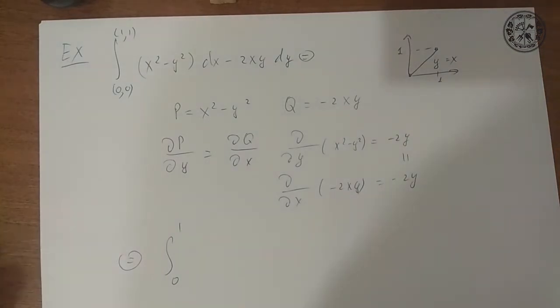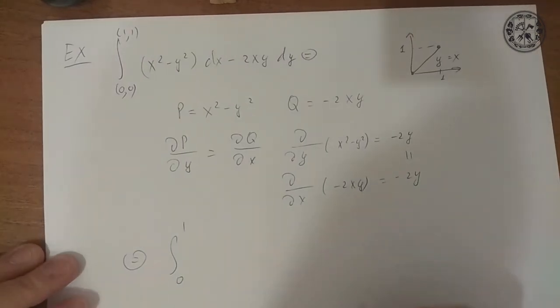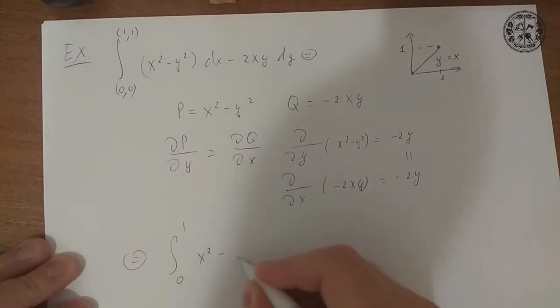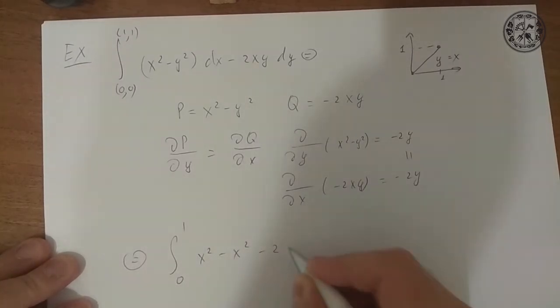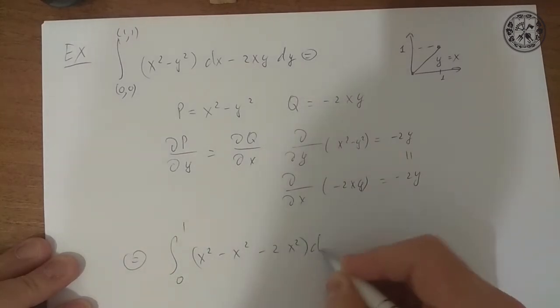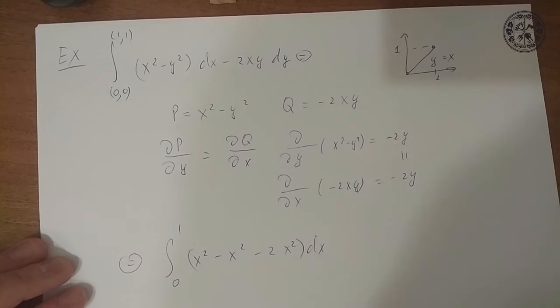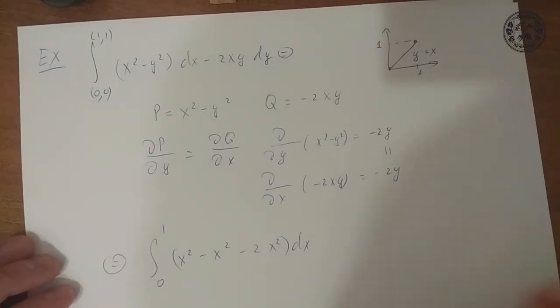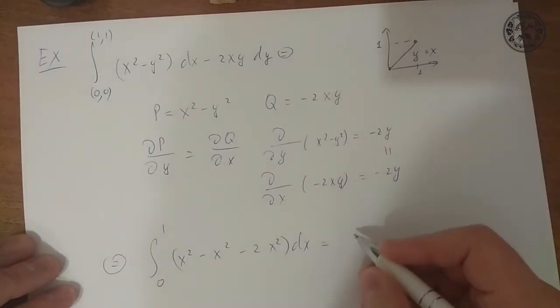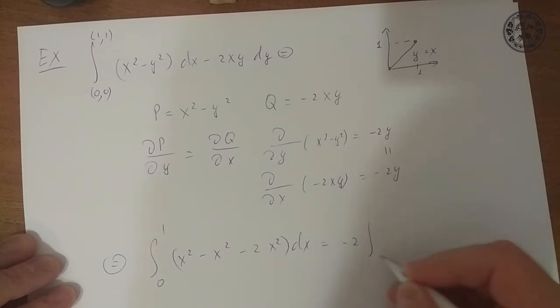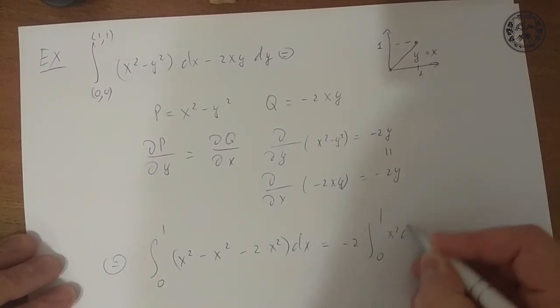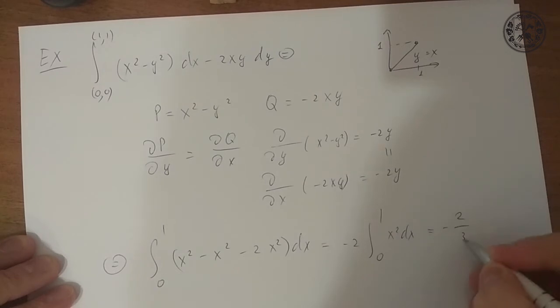And if y equals x, then we replace y with x everywhere. So we'll get x squared minus x squared minus 2x squared dx. And we get minus 2 times the integral from 0 to 1 of x squared dx, which will be minus 2 over 3.